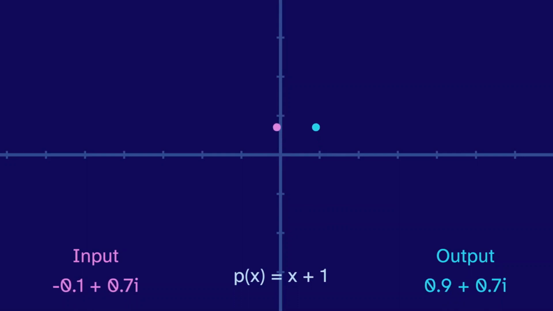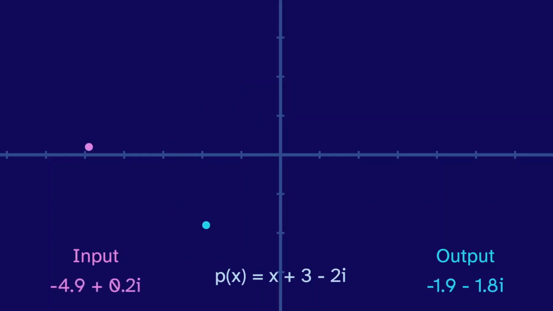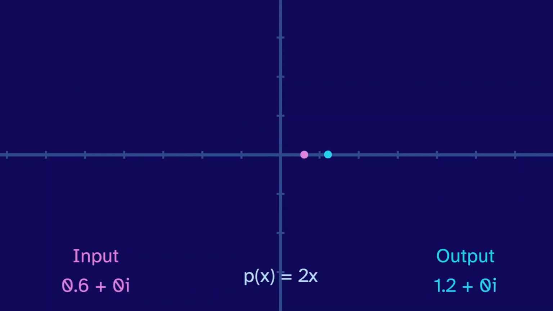If we add a constant, such as x plus 1, the output is now shifted 1 to the right. Or with x minus 1, it's shifted 1 to the left. And we see similar things with other constants, like x minus i, or x plus 3 minus 2i. We can also add a coefficient onto x.